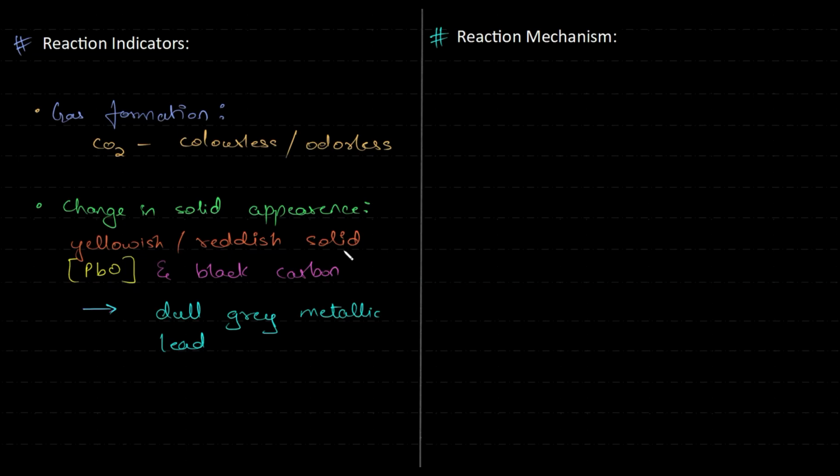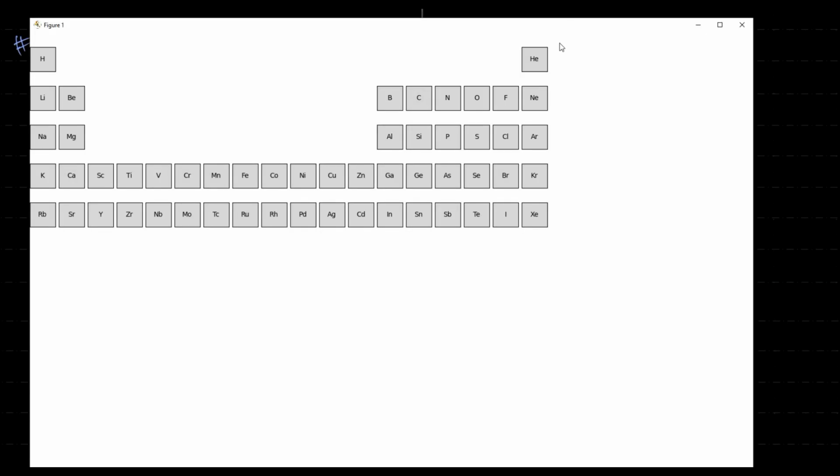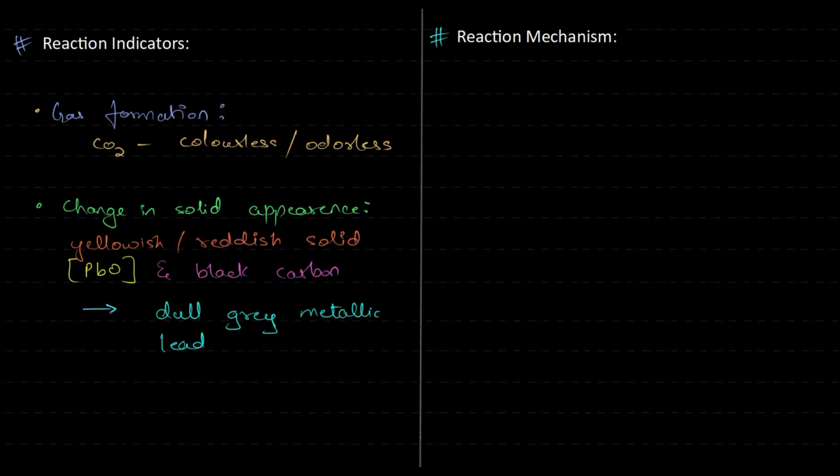Then we have the mechanism. Lead is atomic number 82 actually. I didn't place it. Okay, anyways, let me write this. So we have PbO to be ionic bond. That's one thing that I'll tell. And carbon is covalent bond.